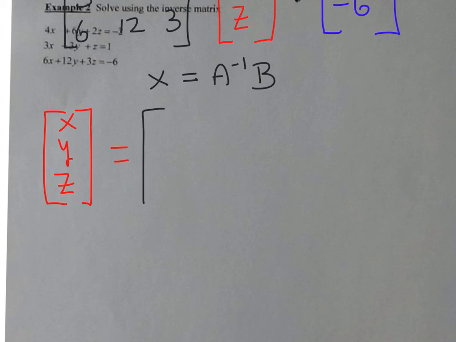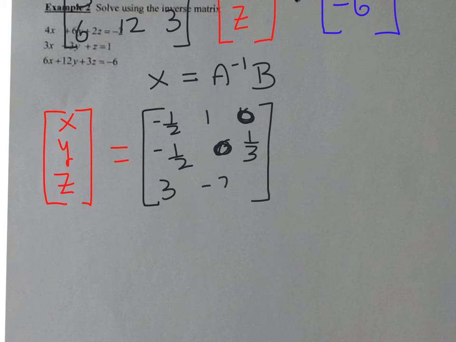Your inverse of A is going to be negative 1/2, 1, 0, negative 1/2, 0, 1/3, 3, negative 2, and negative 1. And you're going to multiply that by your b, which is what your system equals, negative 2, 1, and negative 6.